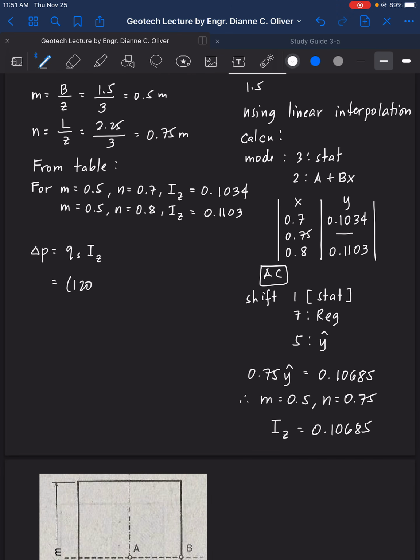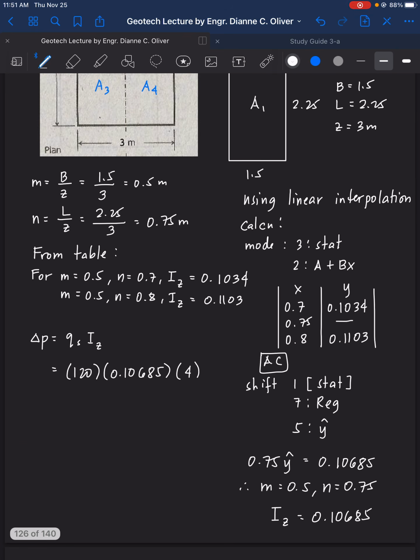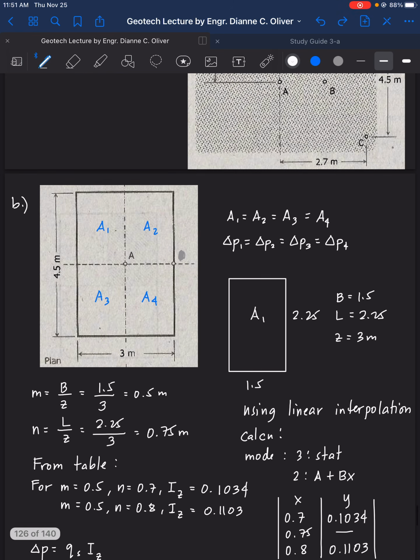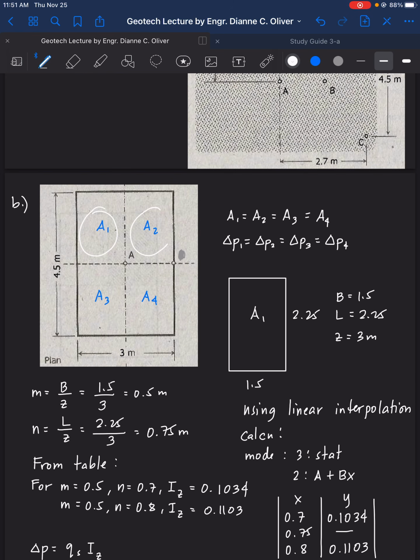Then we can now compute for this, which we have been transferring over and over. To return, you just have to press mode and then computer. So 120 and then 0.10685, then you multiply it with 4. Again, why 4? Because we did all these calculations by just using I sub 1, and remember, we divided into 4 rectangles, all of which are equal.